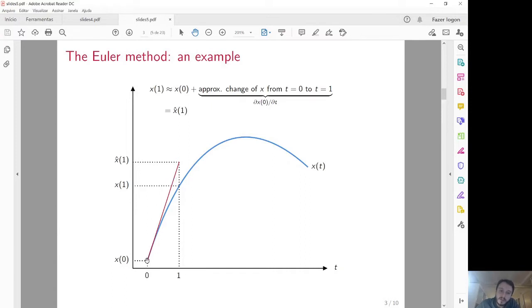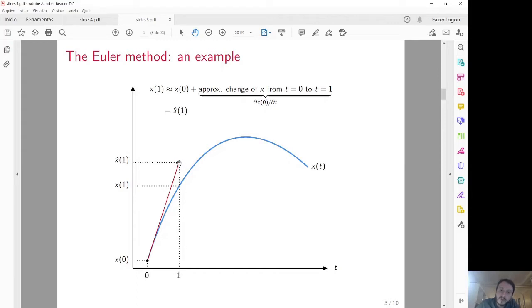So the method involves using the slope, which is what we know, right? We don't know x, but we know the slope of x at all points in time. So at time 0, the slope is this red line, and then we move along this line, you can think like this, up until we get to time 1.